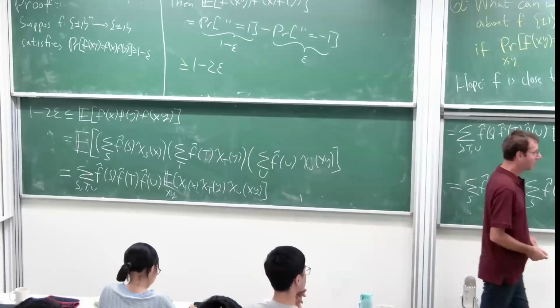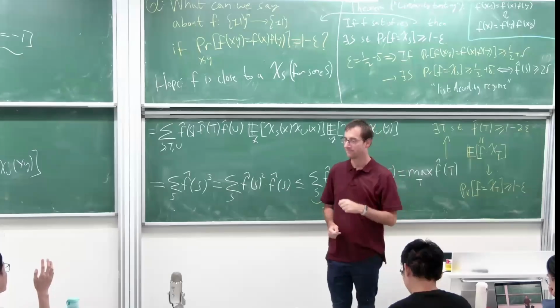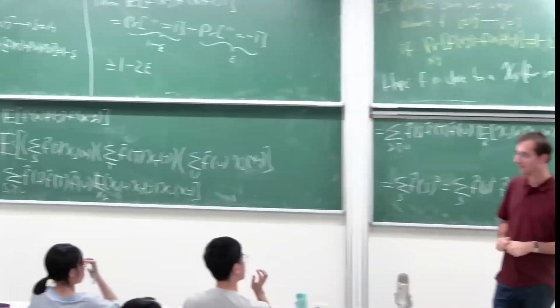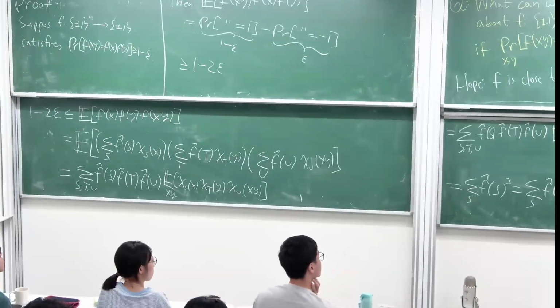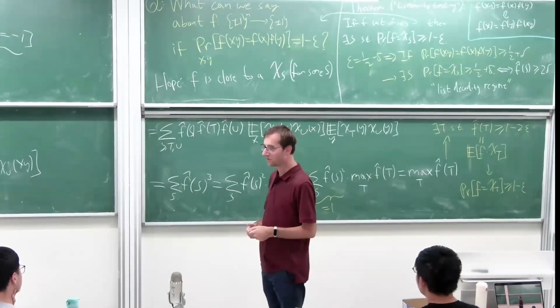Anyway, unless you have any more questions. Yes, how tight is the lower bound in the theorem on linearity testing? Yeah, it's tight up to a constant factor in epsilon. My guess is that it's tight even up to the constant factor.